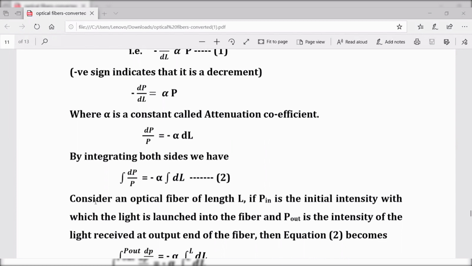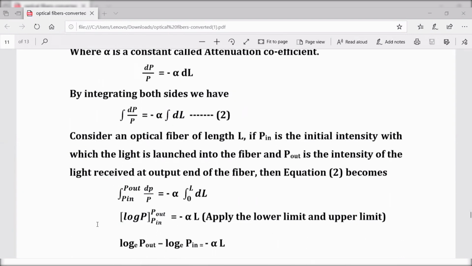Now, consider an optical fiber of length L. If P in is the initial intensity with which the light is launched into the fiber and P out is the intensity of light received at the output end of the fiber, then the equation can be written as integration of dP by P under the limit P in to P out equal to minus alpha into integration of dL in the limit 0 to L.